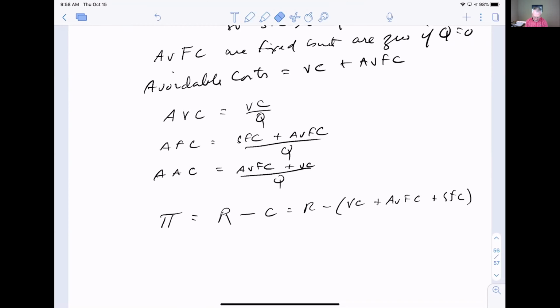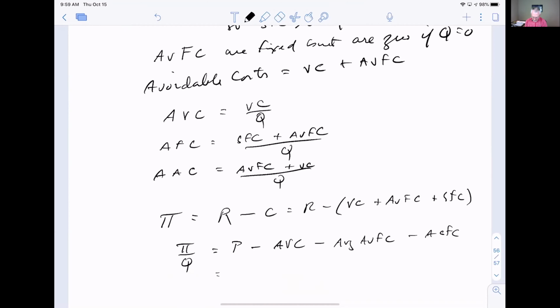And now my average profits, which are indicative of my total profits, are going to be average revenue, which is price, minus average variable cost, minus average avoidable fixed costs, minus average sunk fixed costs.